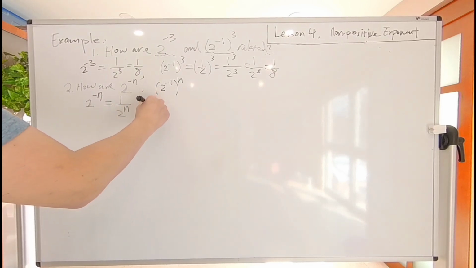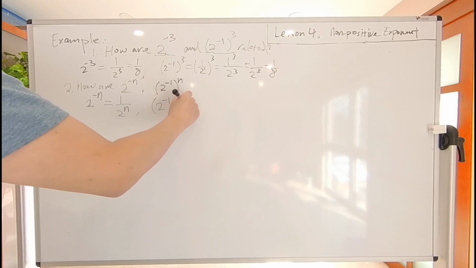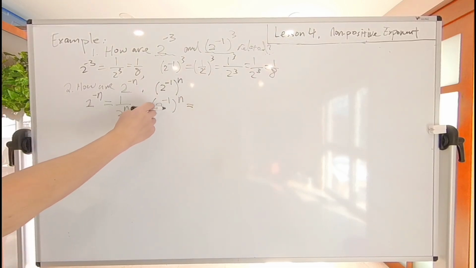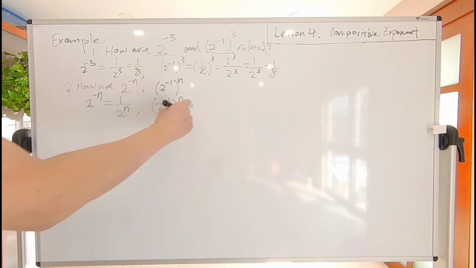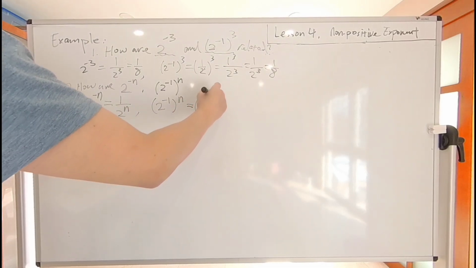And the second term, 2 to the minus 1, to the n, we calculate the value from within the bracket first, so it's 1 over 2 to the nth power.